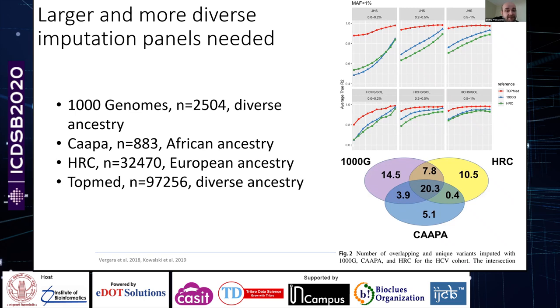These are the results for how well the rare variants are imputed, because those are the most problematic variants when you do imputation. As you can see, size matters, but also diversity matters. You see that TopMed performs among the best, but also 1,000 Genomes shows better performance since it has more diverse ancestry.